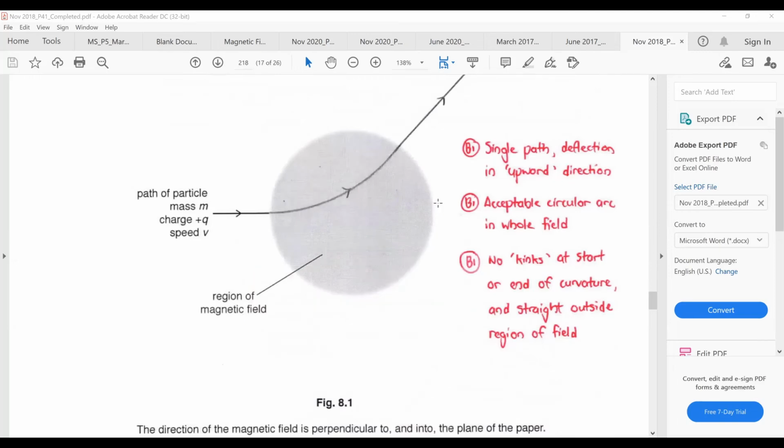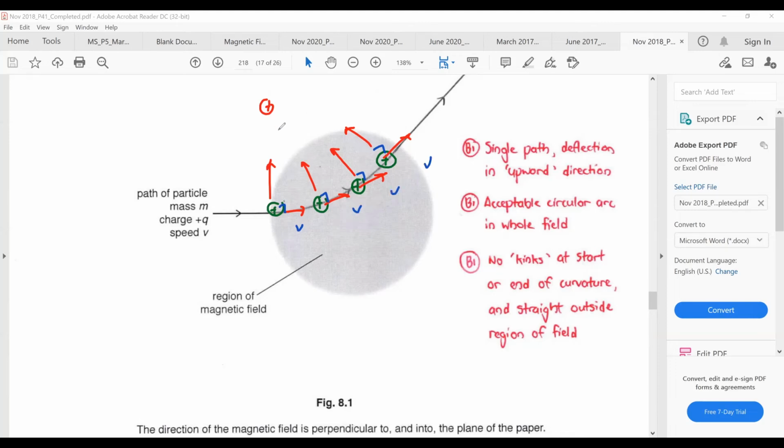So if you remember what you learned from circular motion, if you're talking about a charged particle at any point as it moves in a circle, your centripetal force is always directed towards the center of the circle. It is always perpendicular to your direction of motion or your direction of velocity.